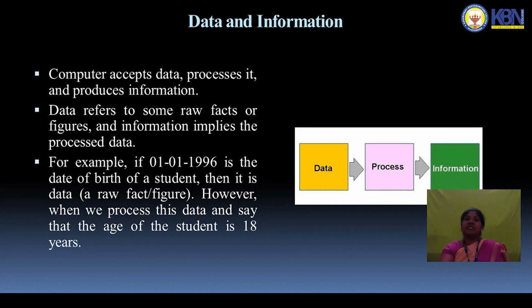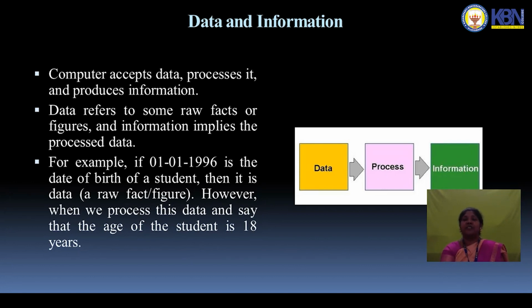For example, see the student data, like birthday. 1/1/1996 is the date of birth of a student. So it's a raw fact. But the complete data means the student name, roll number, studying college and date of birth. See here how data will be processed.